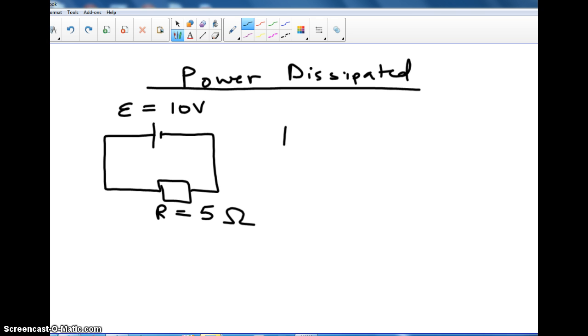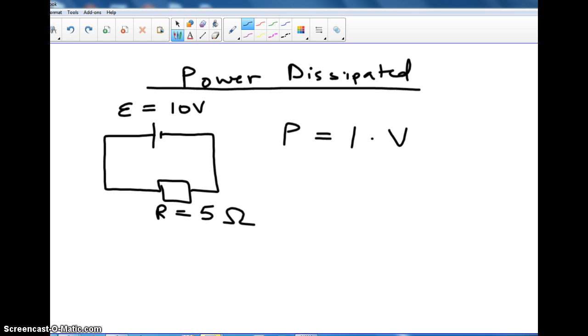The way we find the power dissipated is by multiplying the current in the circuit times V, the voltage dissipated by the circuit. And that's how we find how much power is dissipated by the entire circuit.